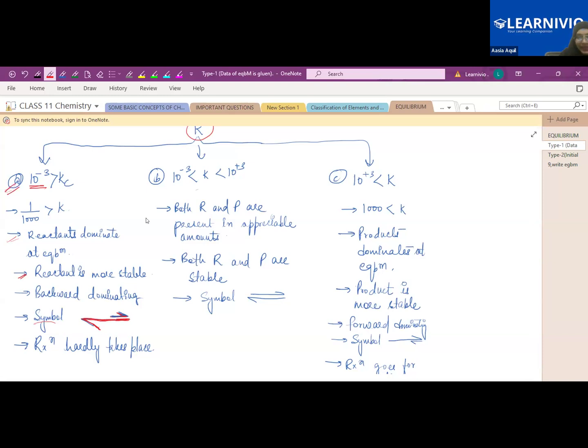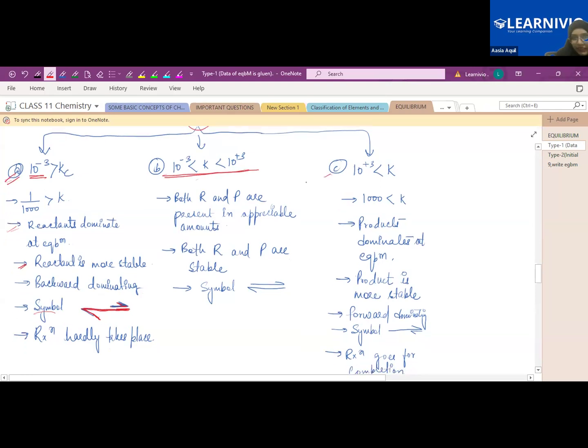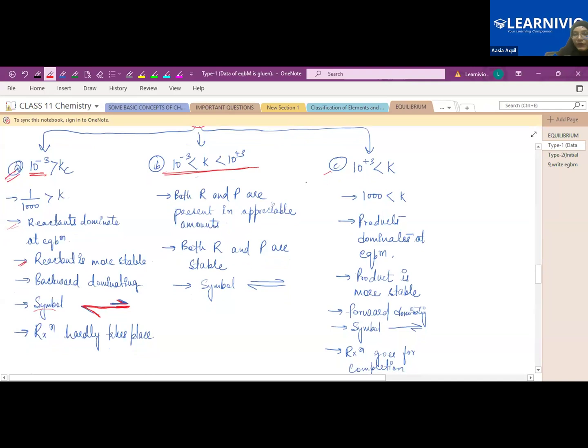Okay. See the second case. First, let's discuss the third case. It is just the opposite. The first case was when the equilibrium constant is less than 10 raised to the power minus 3. But here, the equilibrium constant K is greater than 10 raised to the power plus 3.